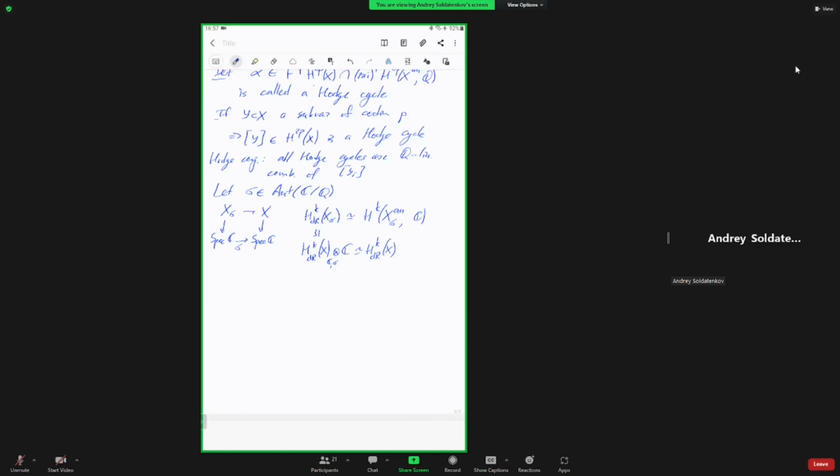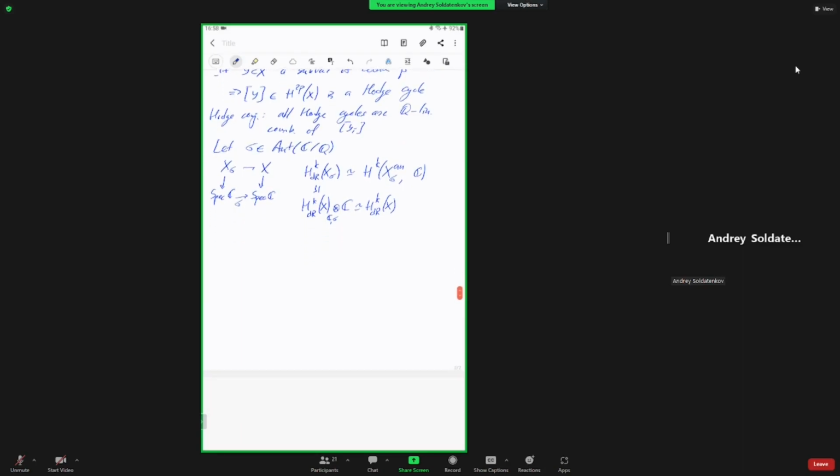Okay, and now what happens to the Hodge cycles when we do this? Suppose we had some Hodge cycle on X and we apply this automorphism. Does this Hodge cycle remain a Hodge cycle? So here is the definition.